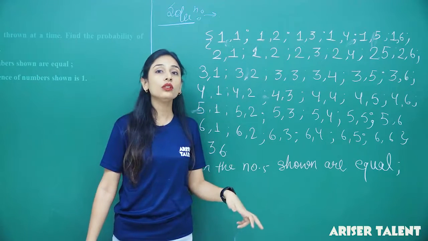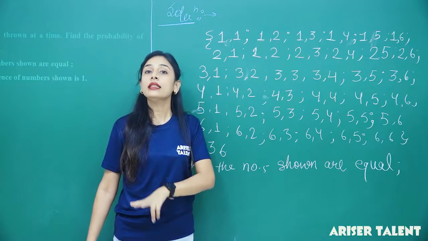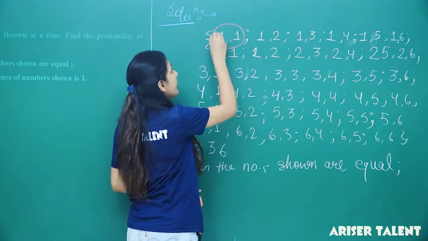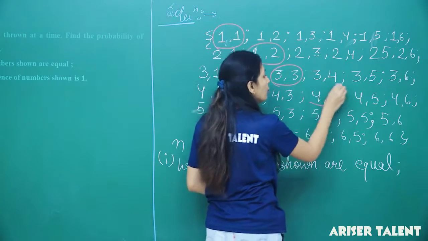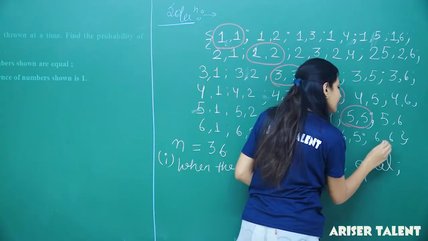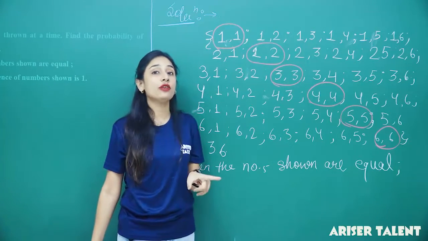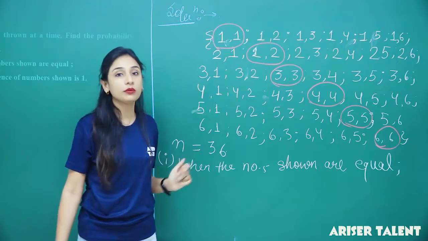Similarly, if I am getting 2 in the first, then I have to get 2 also in the second. So this is the combination. If you look closely here, that is 1,1 and 2,2 here and 3,3 here and 4,4 here, 5,5 here and 6,6 here. So I am getting 6 situations, or 6 favorable outcomes here.